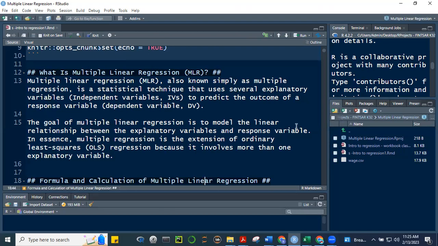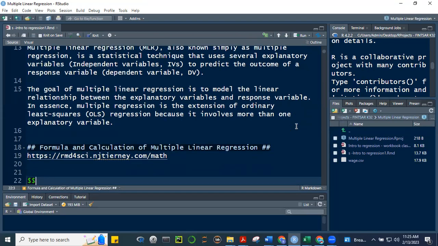So as I mentioned a while ago, if you're only using one variable, you call it simple linear regression. However, if you have several, then you have what we call multiple linear regression.